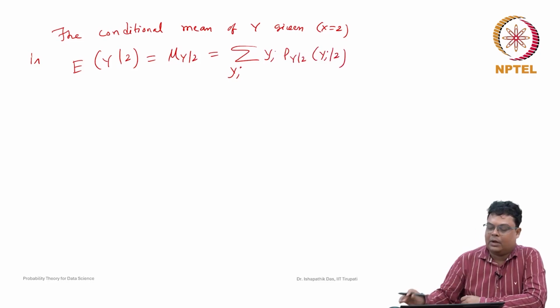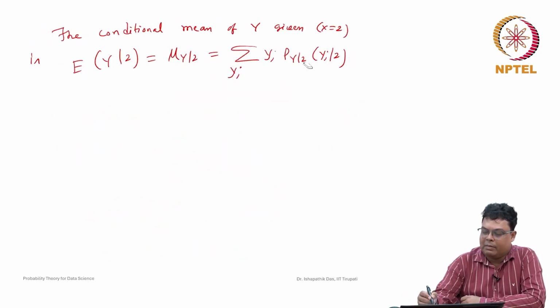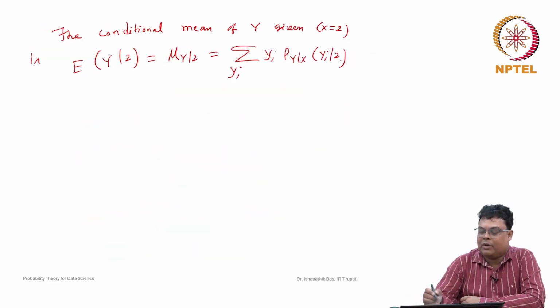The probability mass function here we are representing as y given x, so for this case only this variable we are representing.